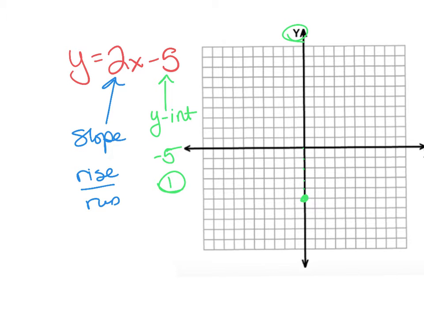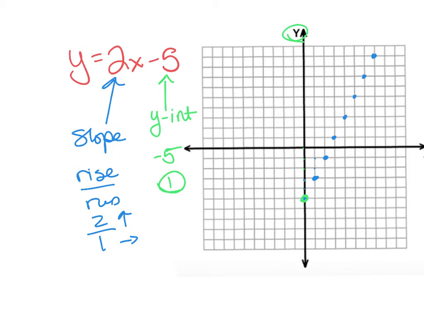Now our slope is 2. So we're going to say that it is 2 over 1. So we're going to go up 2 and to the right 1, starting at our y-intercept. Up 2 to the right 1 and we're going to put a dot. And we're going to keep on going up 2 to the right 1 until we run out of room.